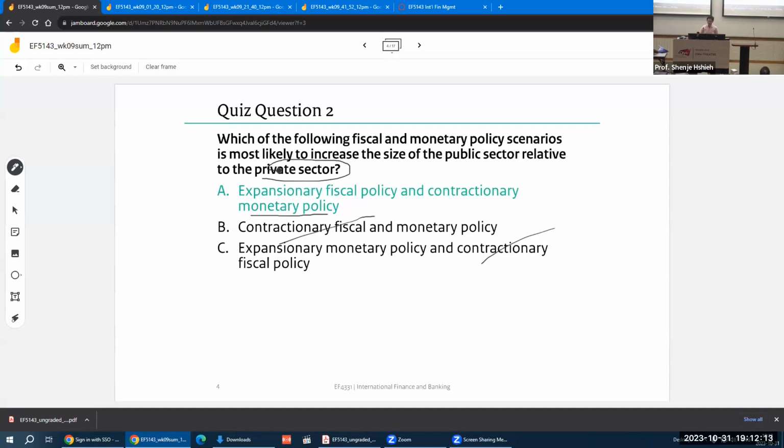Contractionary monetary policy means making borrowing money harder, because interest rates are higher, and therefore you should expect a shrinkage of the private sector because they're the ones that need money to borrow so that they can pursue positive NPV projects, and so on. And so the answer you should be looking for for monetary policy would be contractionary. So A states contractionary, so cool, A's here. B has contractionary monetary policy, but the fiscal policy is wrong, so B is wrong. Expansionary monetary policy is wrong. Okay, so A is the best answer.